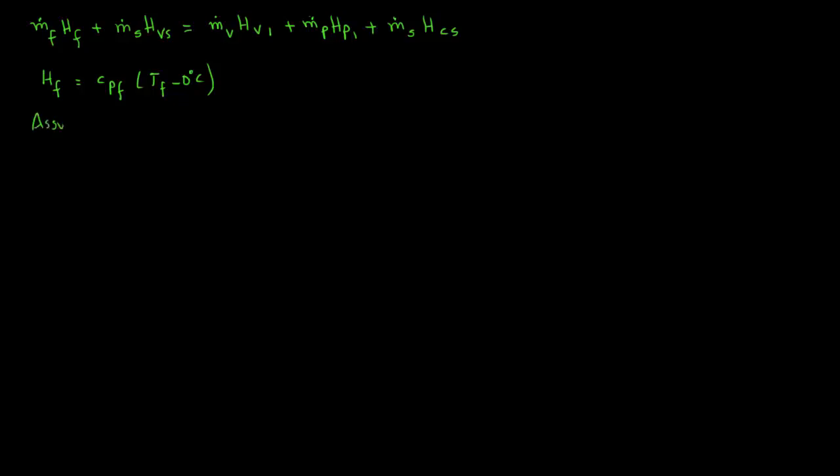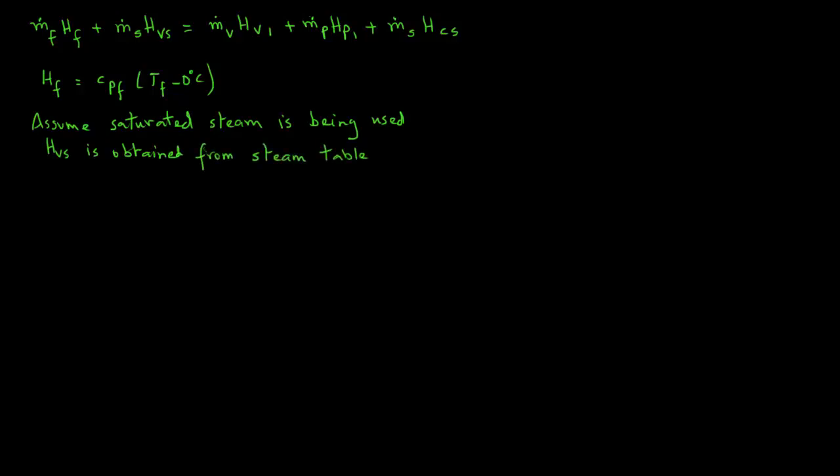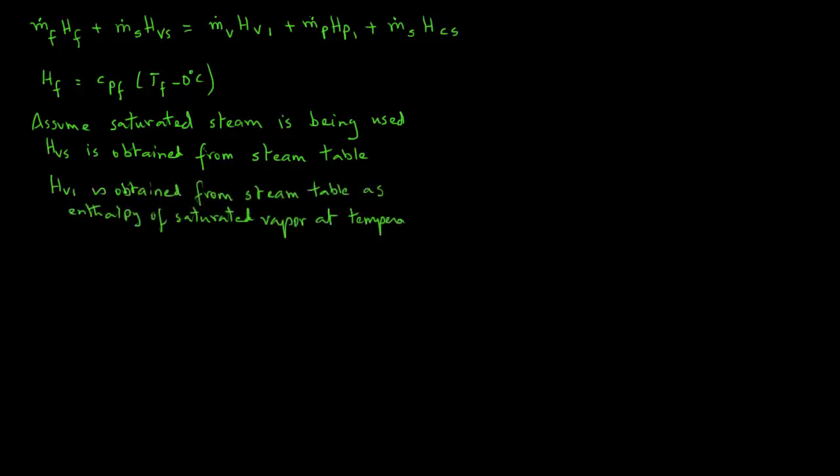We are going to assume that we are using saturated steam, then HVS is obtained from steam tables depending upon the saturation pressure or saturation temperature of the steam. HV1 is obtained also from the steam tables as enthalpy of saturated vapors at temperature T1. HP1 is the enthalpy of the concentrated product stream.